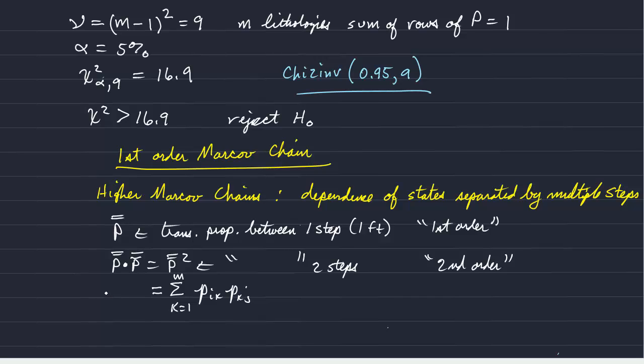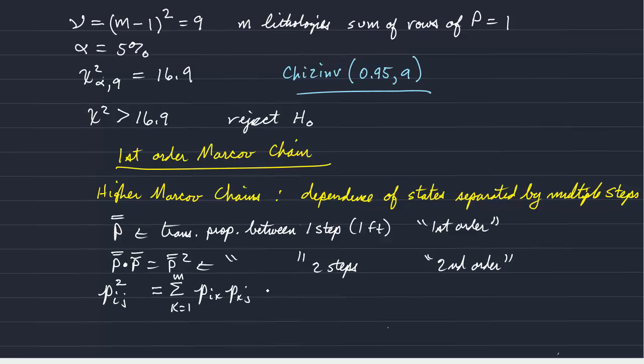So the ijth component of the second order transition probability matrix is, again, the matrix product of the first order transition probability matrix.